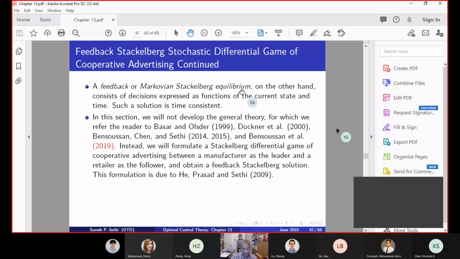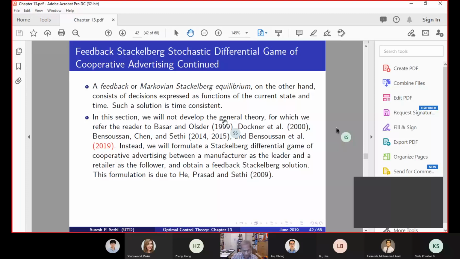So let's see what is going on here. A little bit of literature here. This is a classic book now, by Basar and Olsder. They wrote a book called Non-Cooperative Games, and they do Stackelberg in discrete time. They also do continuous time, but they don't develop the entire theory.